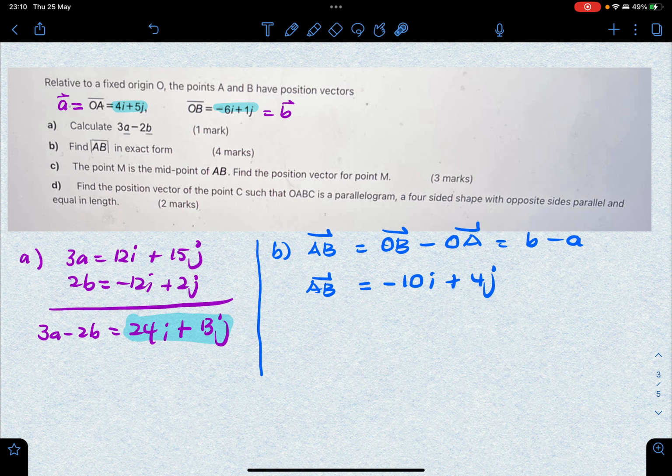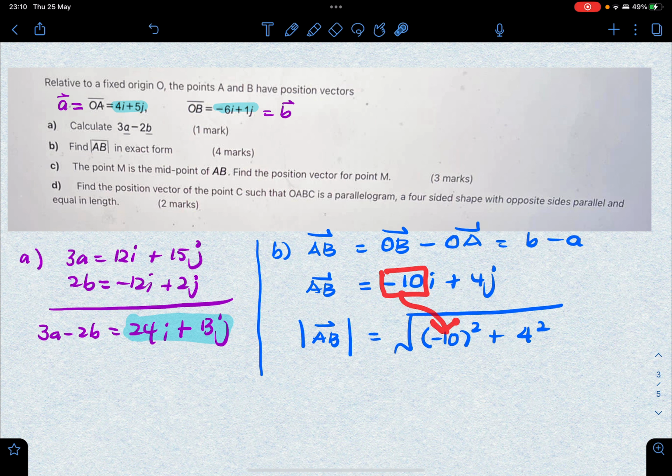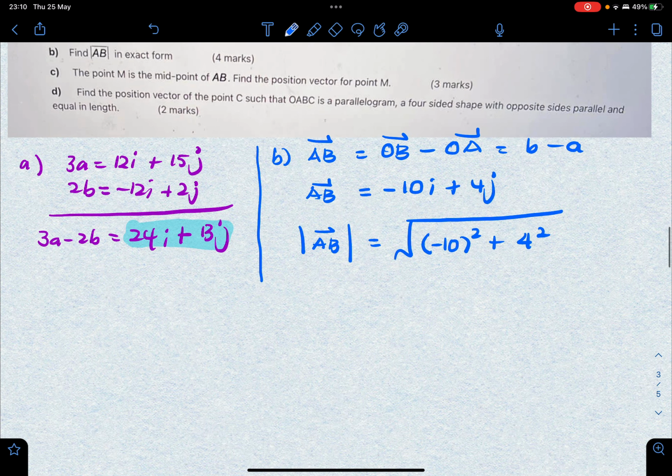So that's your vector AB. But what they're asking for is the magnitude of the vector AB. So the magnitude of a vector, think of it as the length of the vector. So it's the square root of the sum of the square of the components. So minus 10 squared plus 4 squared. So that's square root of 116.